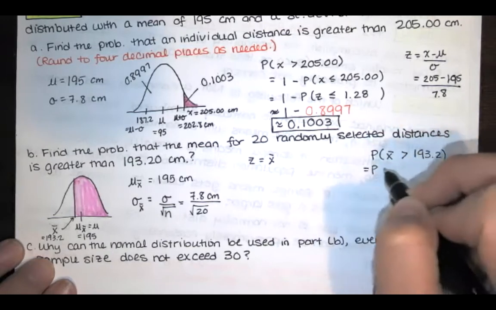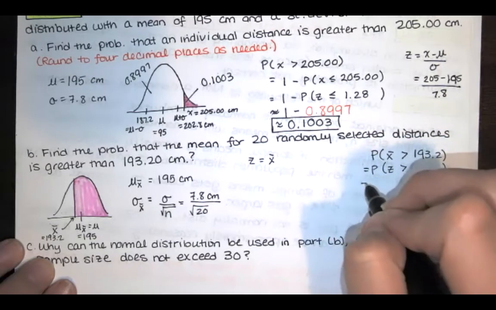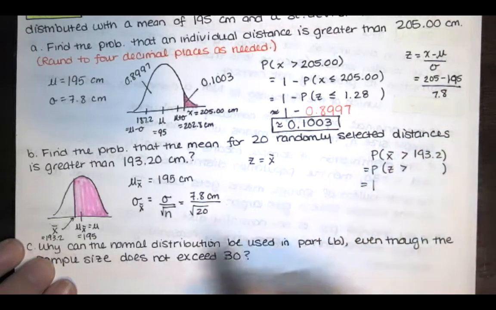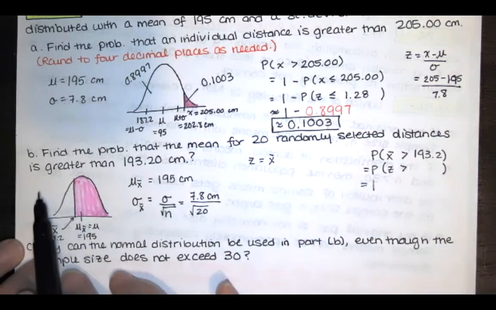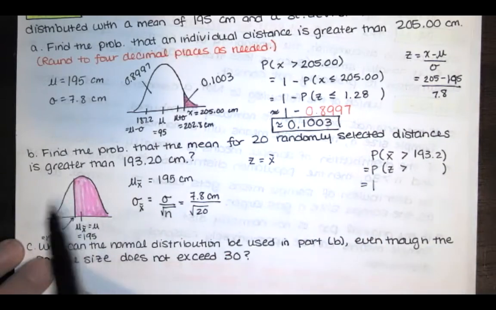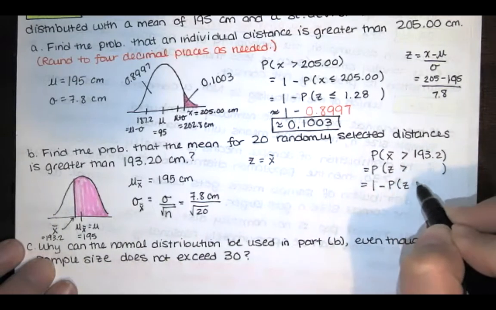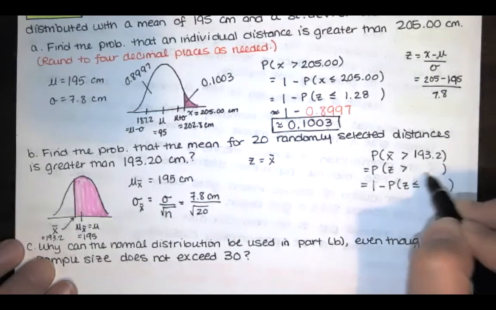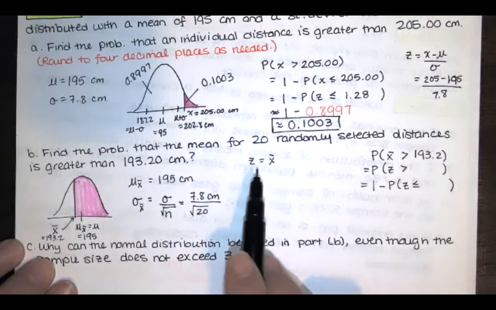Well, in order to find that, I need the probability that Z is greater than the corresponding value, and that's because it's to the right, and our table A2 only gives us area to the left, and Excel only gives us area to the left. I'm actually going to take 1 minus the probability that Z is less than or equal to whatever that value is right there. Okay, to get the value for Z, that's what I was getting at over here.